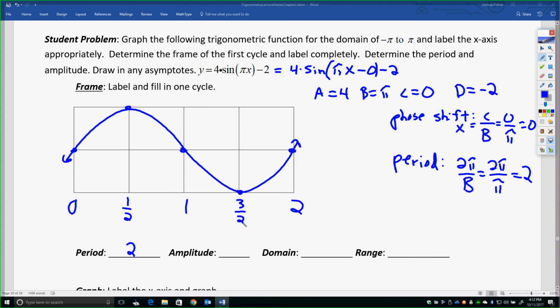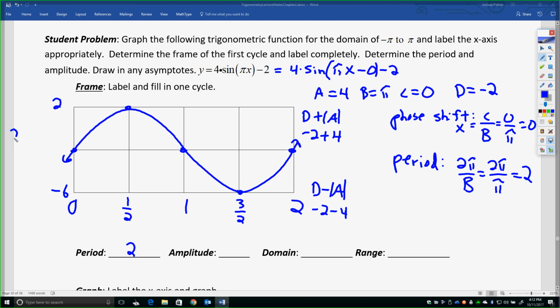Okay, so we'll do our min-max. So that's d plus my amplitude, and d minus my amplitude, where d is -2. Oops, that's a minus. There we go. So in fact this time we get a 2 to -6.